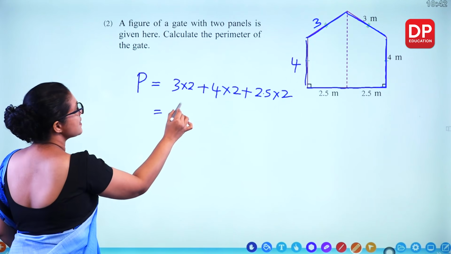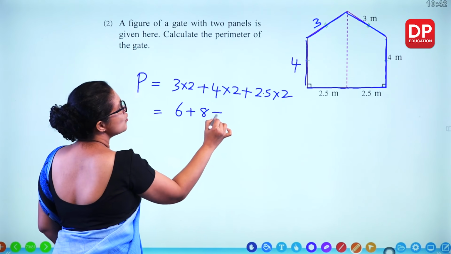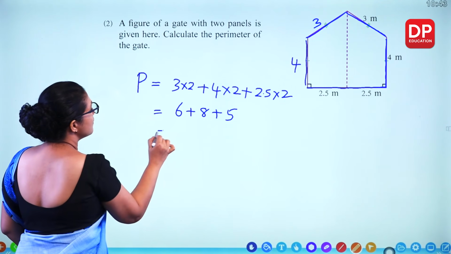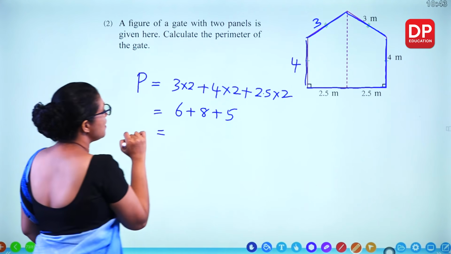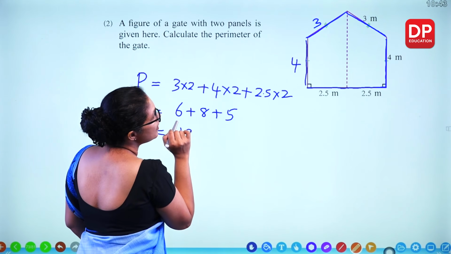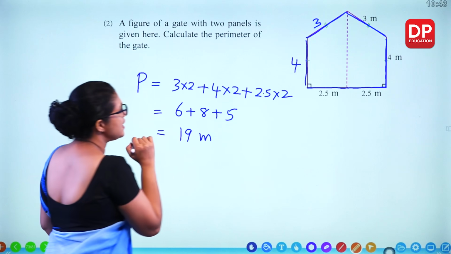So what's the perimeter? 6, 8, 2.5 times 2, you get 5. 14 plus 5, 19. The unit is meters.